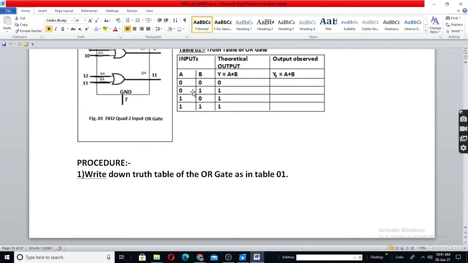If you want to purchase some goods, you have to pay either by cash. Say A input is for cash, B input is for check. You have to pay either cash or check, or you can pay by both.